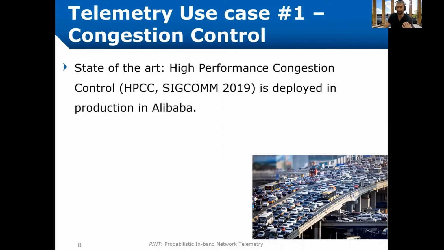And it turns out that a state-of-the-art solution for congestion control, it's called HPCC, and it's running in production in Alibaba, is using INT to collect queuing information from the network, and it uses that to fine-tune the send rate, right?